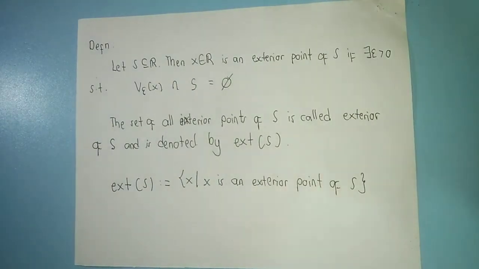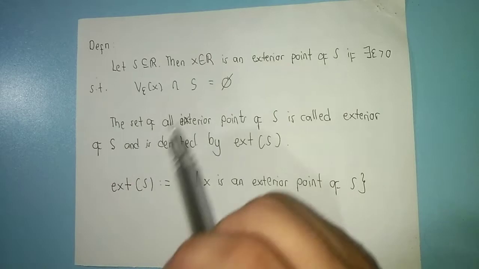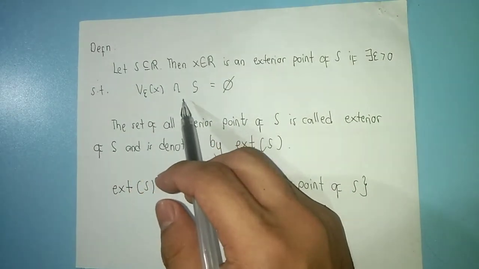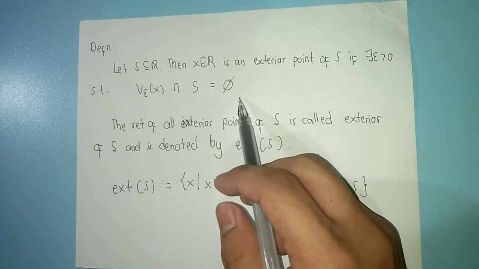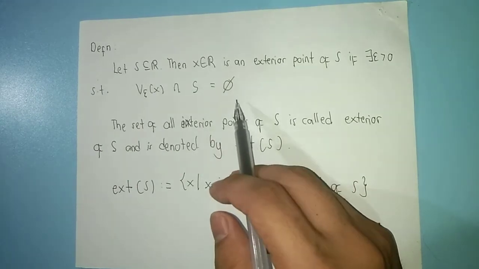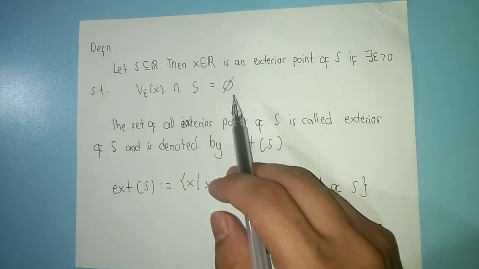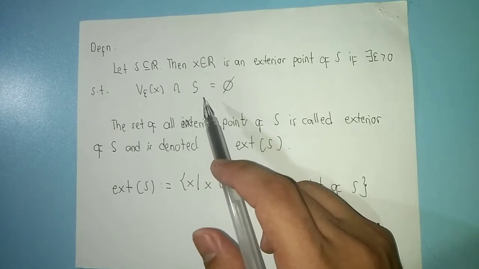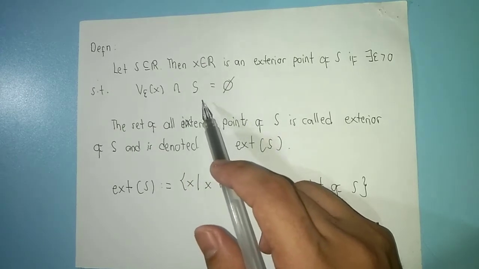So dito, mapapansin nyo, para masabi nating exterior point, dapat yung epsilon neighborhood intersection S is empty. Okay? Anong ibig sabihin nun? Ibig sabihin, imposible na ang ating exterior point ay nasa loob ng S. So sigurado tayo na ang exterior point ay nasa labas ng S.